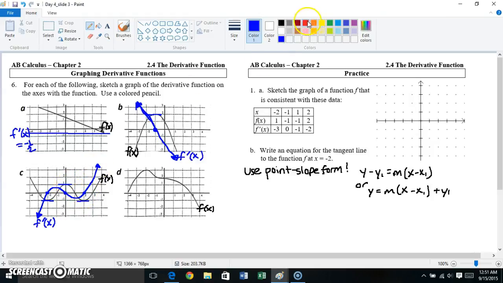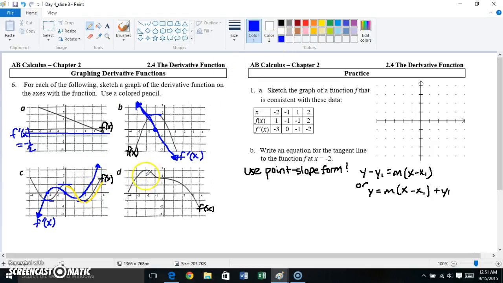So when I refer to negative slopes, say between 0 and 2, that's why my derivative function is below the x-axis. From 2 to 4, my slopes are positive, and so my derivative is above the x-axis.